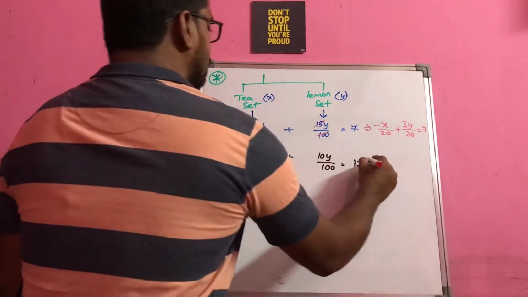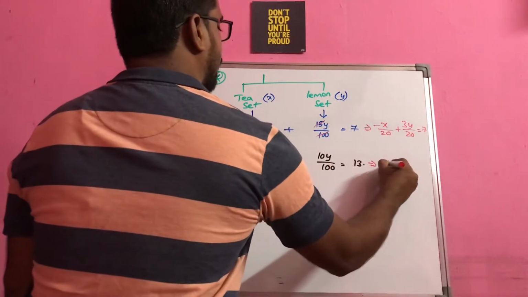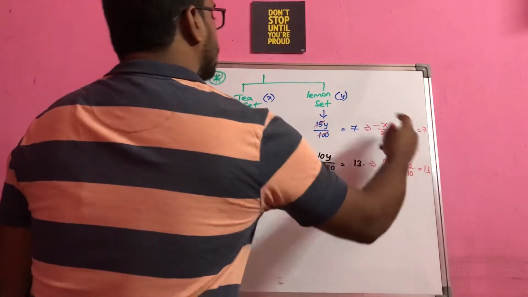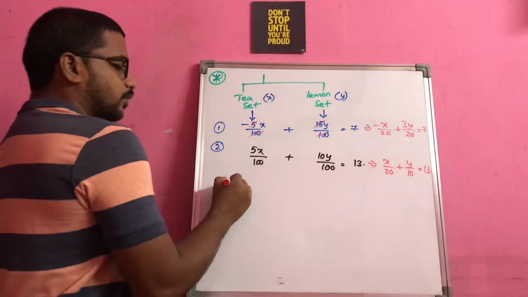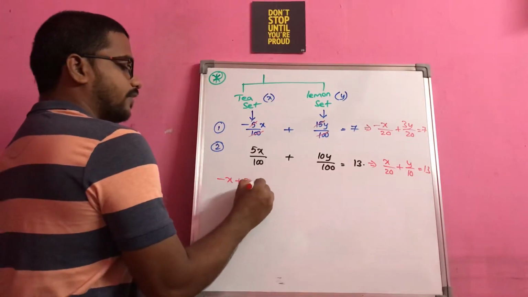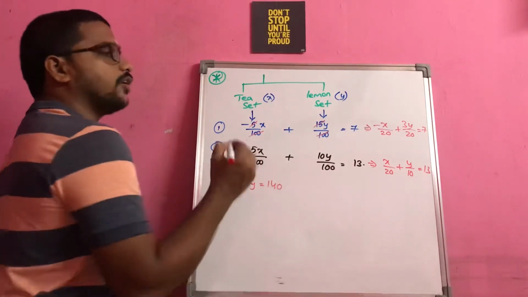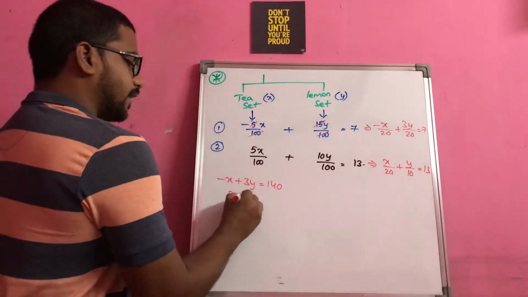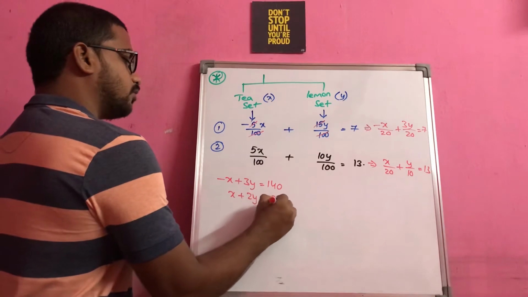Even this, if I further simplify, x by 20 plus y by 10 is equal to 13. So the first equation I will multiply with 20 so that I won't get any fractions, which is equal to 140. This also I will multiply with 20, then I will get x plus 2y is equal to 26.